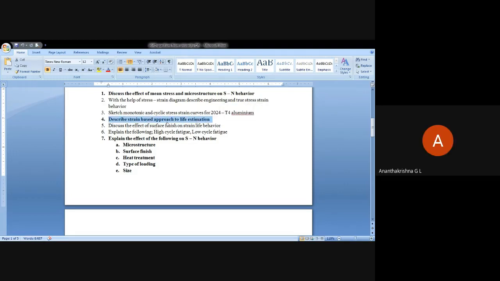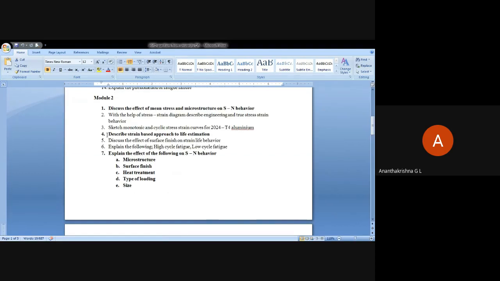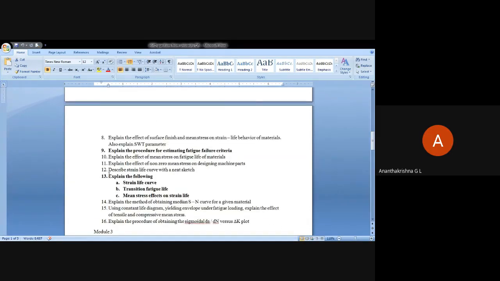So take a strain-based approach to life estimation, and then take these two questions, 9 and 13. Just note down these two questions. Fourth one, have you noted? Describe a strain-based approach to life estimation. Yes, sir. Noted. So note down 9 and 13.